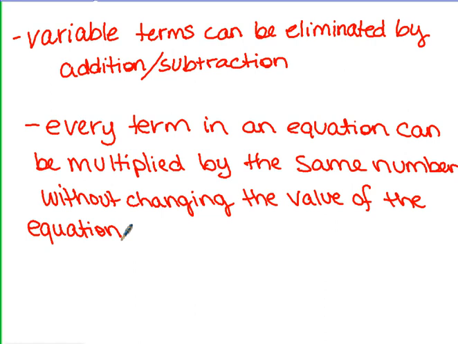So in order to get those coefficients to be the same, we would multiply the entire equation by a certain number. All right, let's just do a couple examples to work through this.